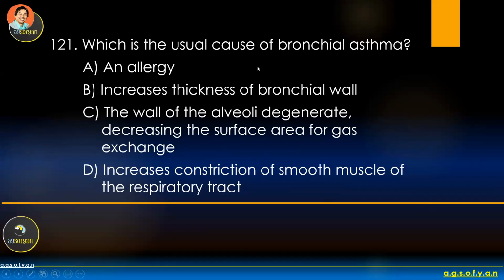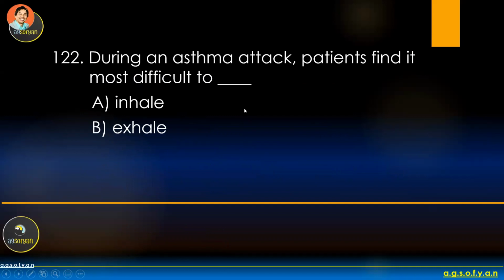What is the usual cause of bronchial asthma? Bronchial asthma is mostly triggered by an allergy. During an asthma attack, patients find it most difficult to inhale or exhale.